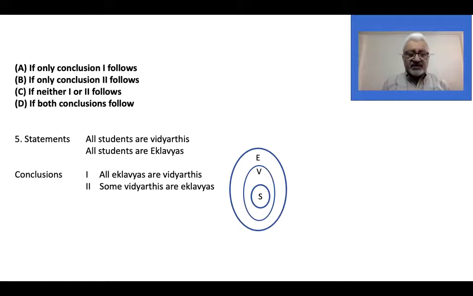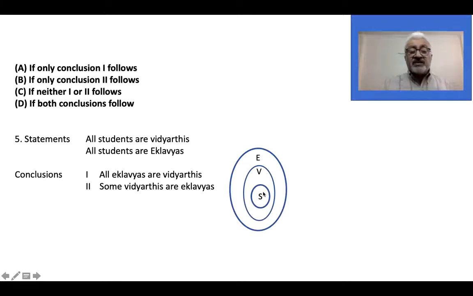This diagram represents all students are Vidyarthis, students are inside Vidyarthis, and all students are Eklavyas, that means students are also inside Eklavyas. So we are talking about the students being inside Vidyarthis as well as Eklavyas. This is the area that we are talking about, right?